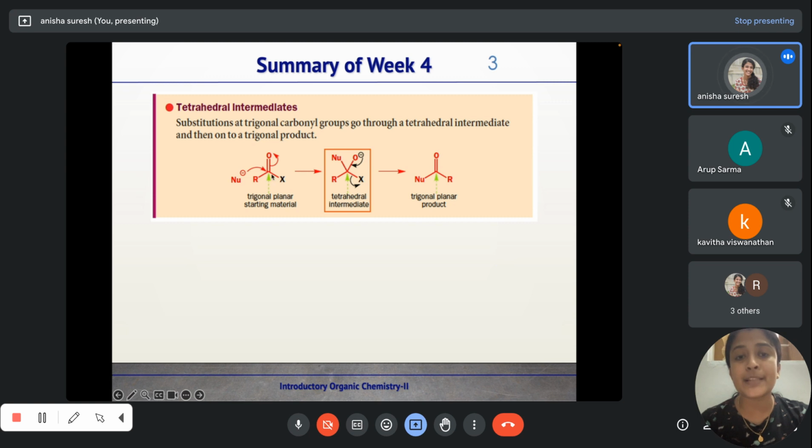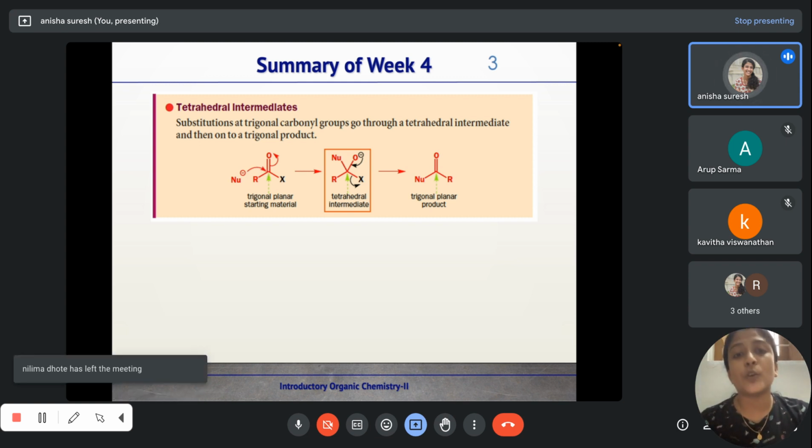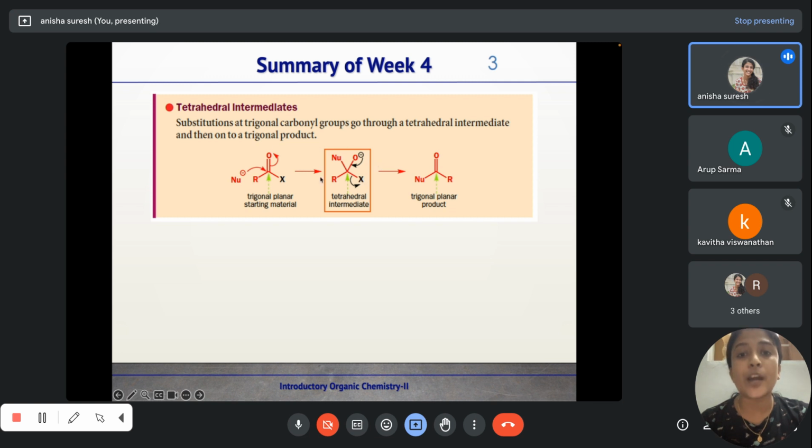This carbonyl carbon is sp2 hybridized, and sp2 hybridized carbons mostly show trigonal planar geometry. The nucleophile attacks the carbonyl carbon, which is the electrophilic center. Then the C double bond O opens up, resulting in the formation of the tetrahedral intermediate. Now the carbon center has changed from sp2 to sp3.